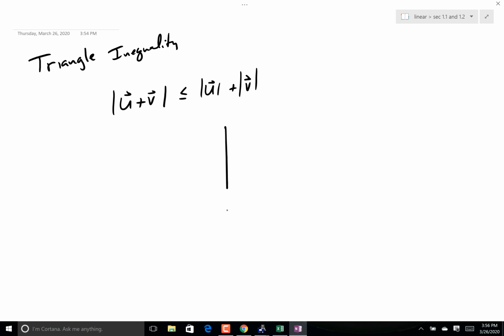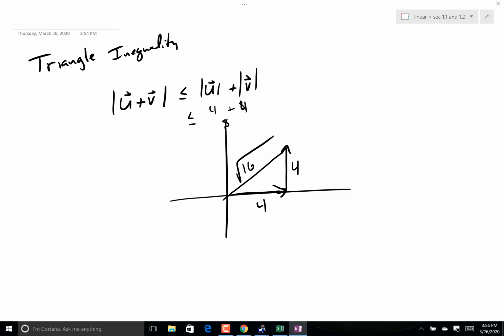Think about this. The easiest way to draw the picture is to draw them as a right triangle. 4 plus 4 is 8. But then this side here, of course, is the square root of 16 plus 16, square root of 32.